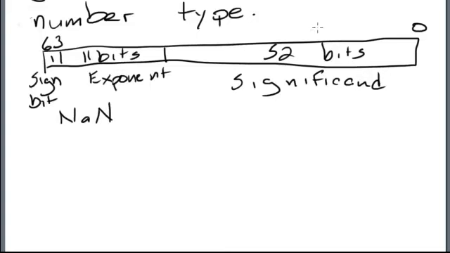So there's about 2 to the 53 not-a-number values, and JavaScript lumps them all into 1, and we're not going to worry about that right now. And you have 2 infinities. If this is all 0 and the exponent is all 1s, that's plus and minus infinity. If the exponent is all 0s and this is all 0s, that's where you get your 0s from.